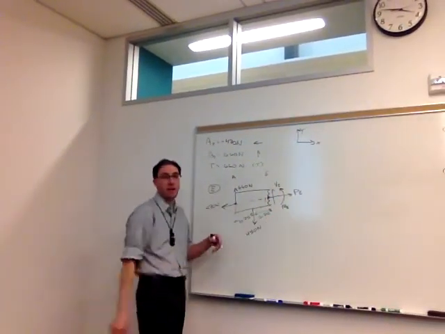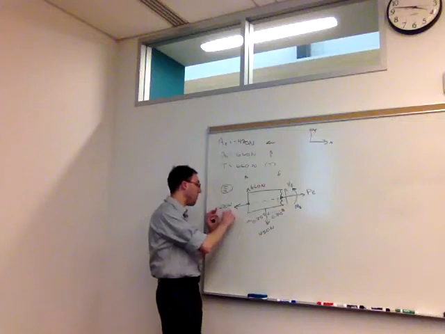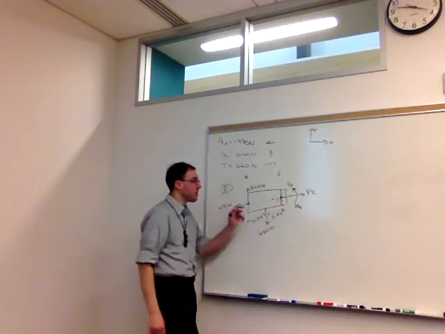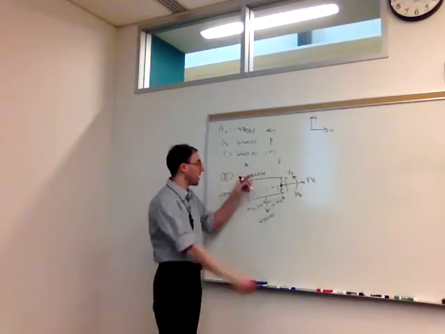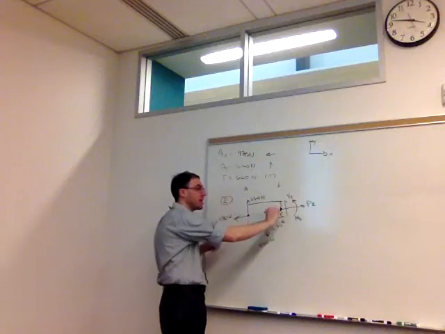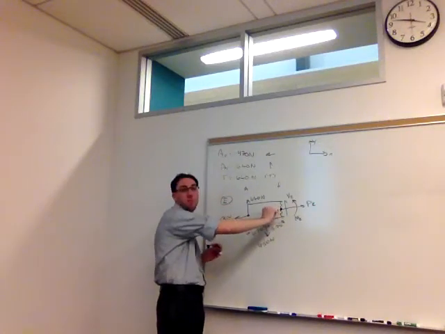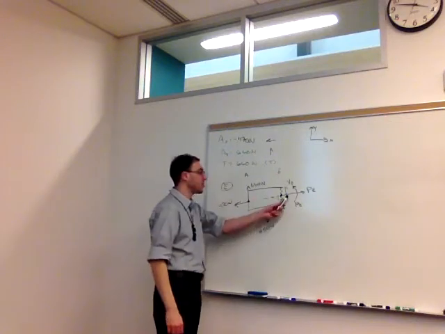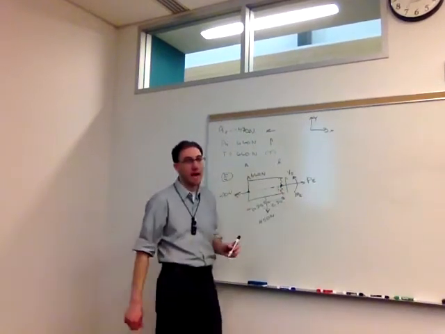So if I did take into account the moment that this pin caused around the centroid, relatively it would be very small compared to the moment caused by the forces, like this one is 1.5 meters away. This distance might only be like a couple of millimeters.